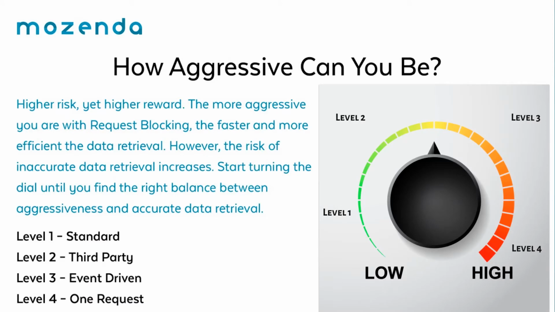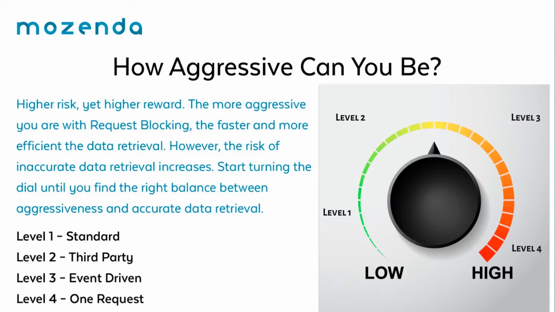Now, the magnitude of your aggressiveness is up to you. The more aggressive with request blocking you are, the greater the reward for faster and more efficient data retrieval. However, the risk of retrieving inaccurate data increases with the increase in level of request blocking.